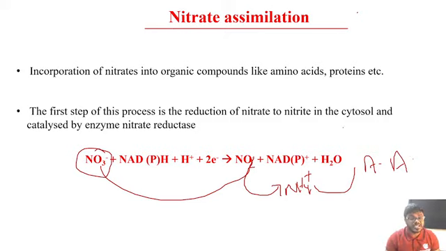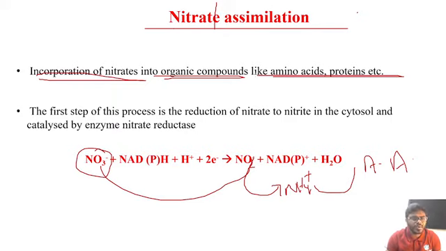These are all the various steps in the assimilation. What is assimilation? I said it to all of you. Assimilation is what? Utilizing, incorporating in the body. Okay, pay attention everyone. Nitrate assimilation is the incorporation of the nitrates into organic compounds like amino acid and protein.